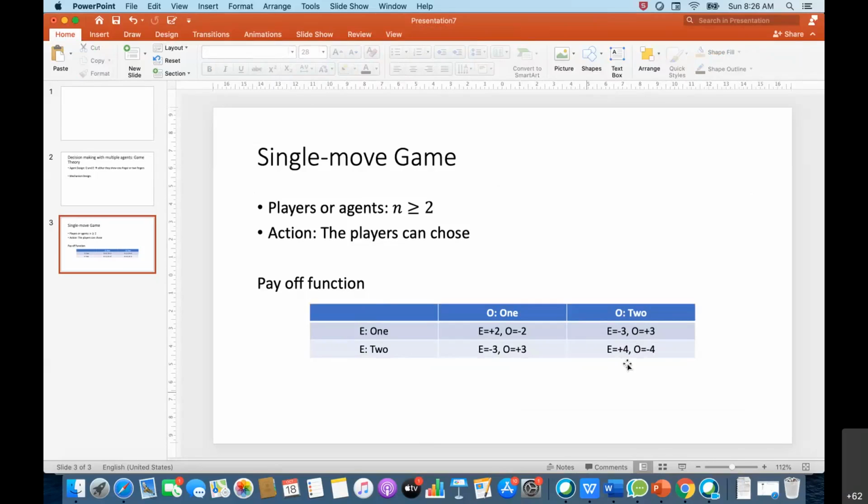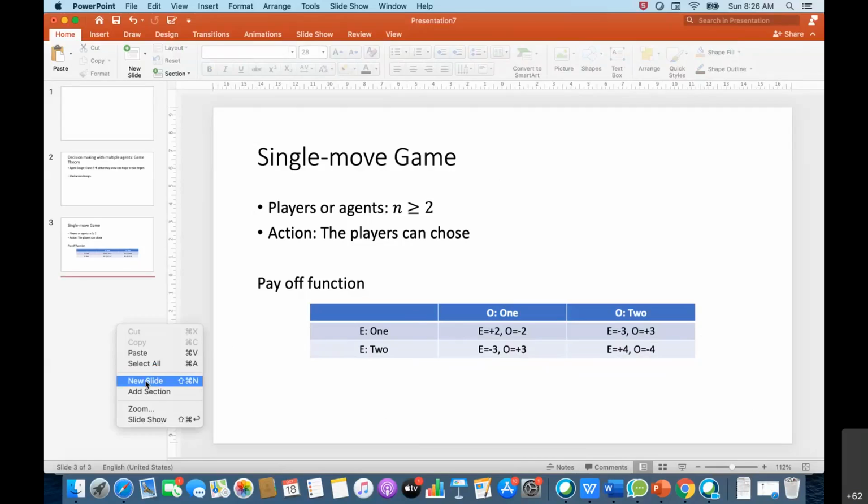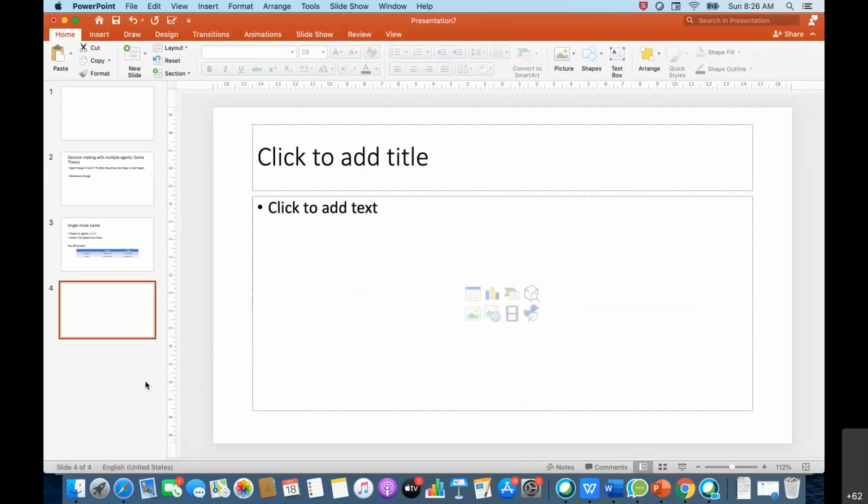This is how the payoff matrix or payoff function should look. Based on their options, this is how they are going to gain or lose. So this is the payoff matrix for the single move game, the two-fingered Morra game.